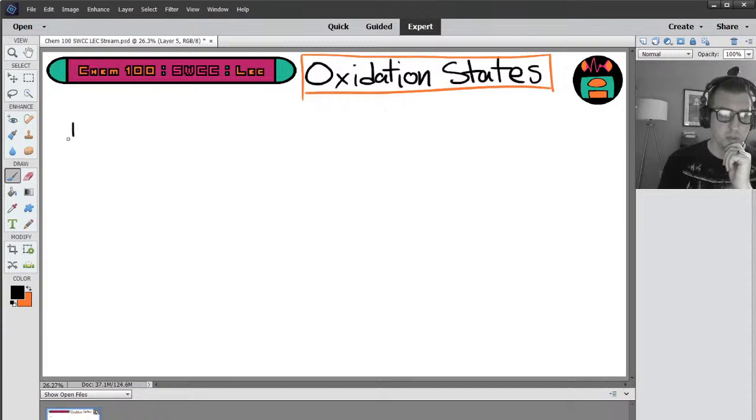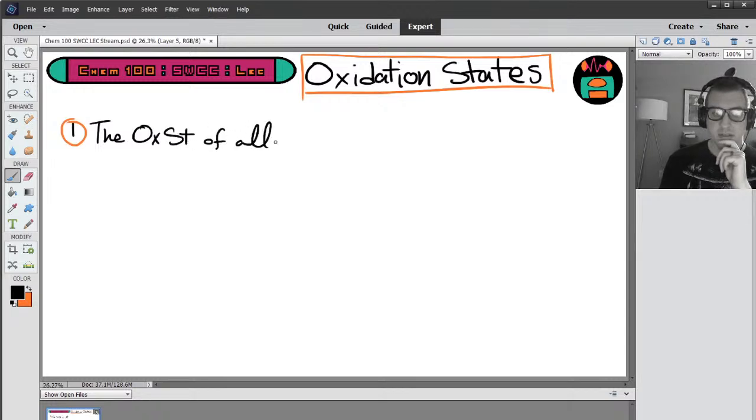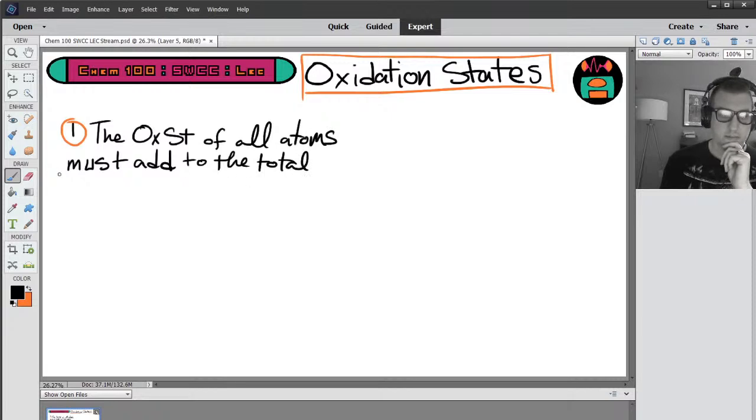All right. So the first rule when it comes to assigning oxidation states is that the oxidation state of all atoms must add to the total charge of a species.